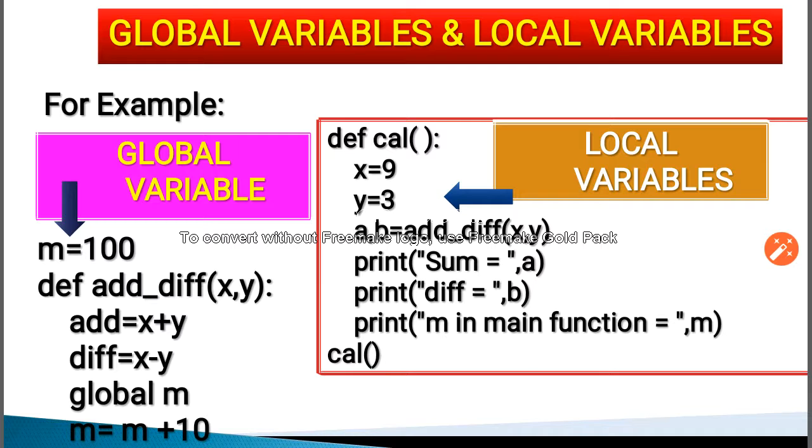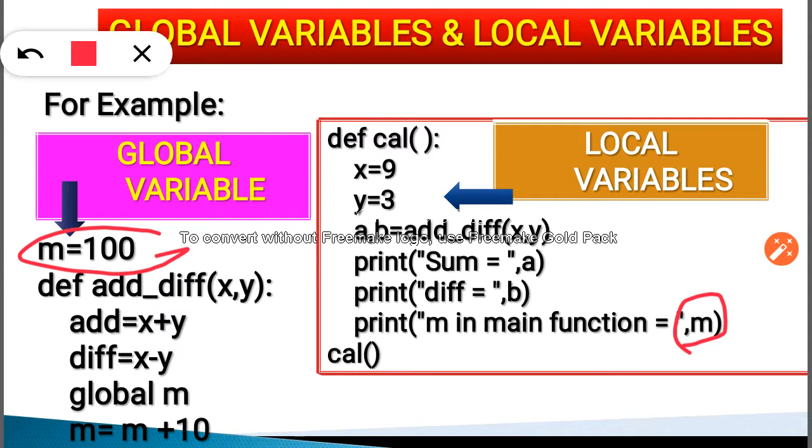Now in the next function, you can see there is x = 9, y = 3. So this is the program. Over here M = 100 is the global variable, which can be used outside the function as well, like over here it is used. But x and y are inside the function. These cannot be used outside the function. That's why x and y are local variables and M is the global variable.